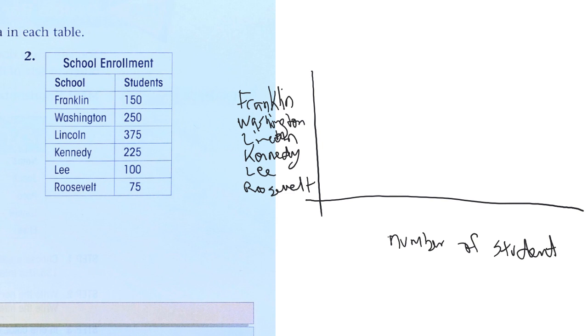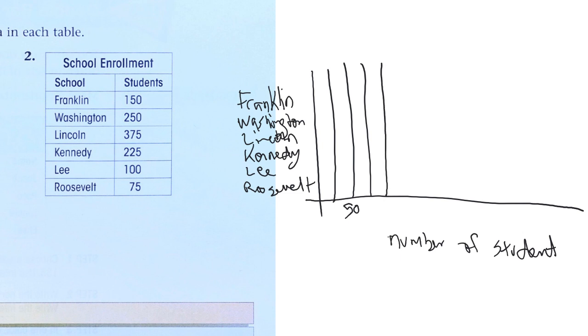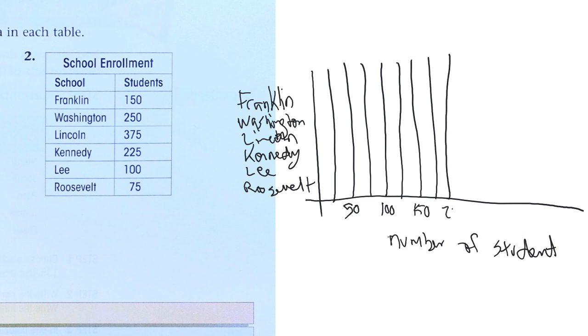So what if we did here, every other line being 50? That's a 0. What are we already up to? 400?